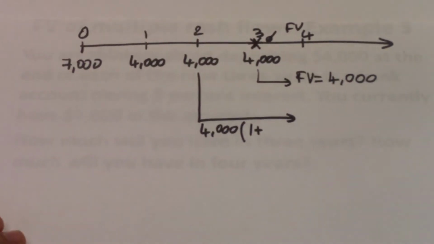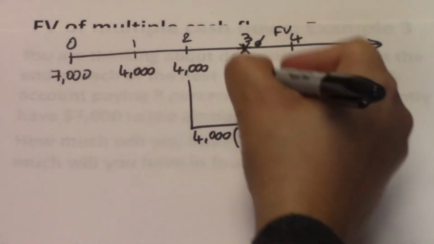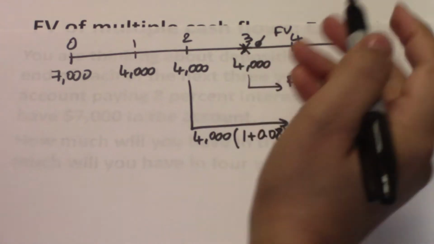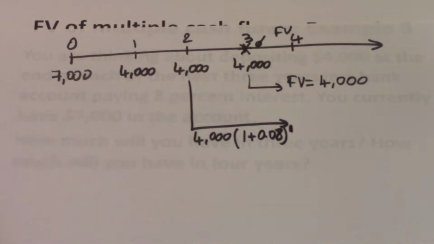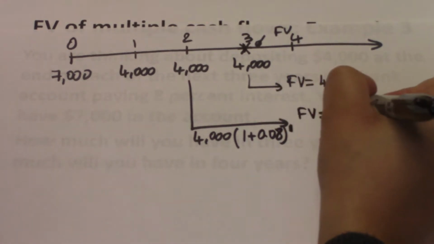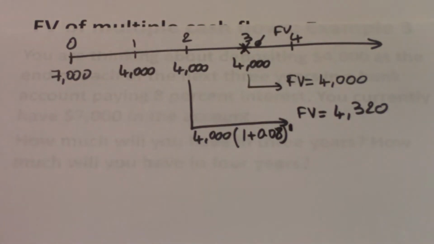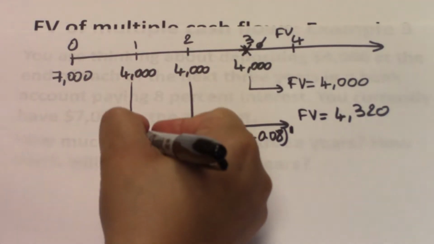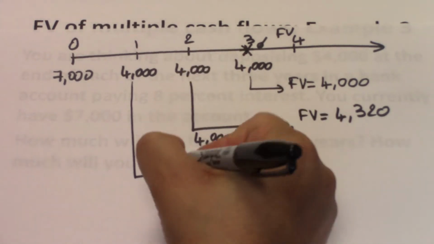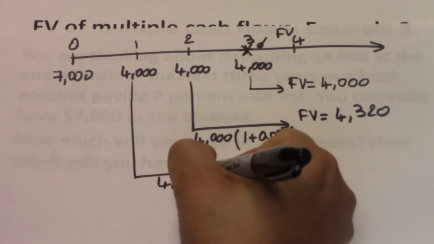We include it as a decimal, so it would be 0.08, and this 4,000 has 1 year to grow, so we raise it to the power 1. This will give us a future value of 4,320.